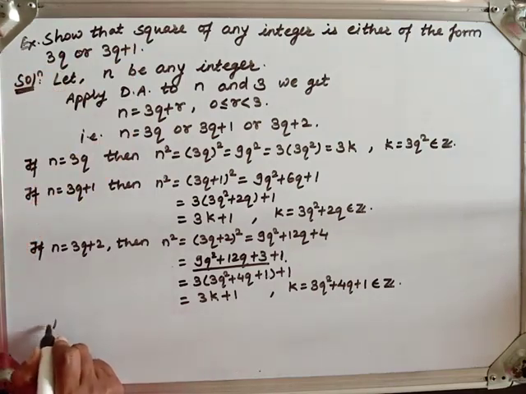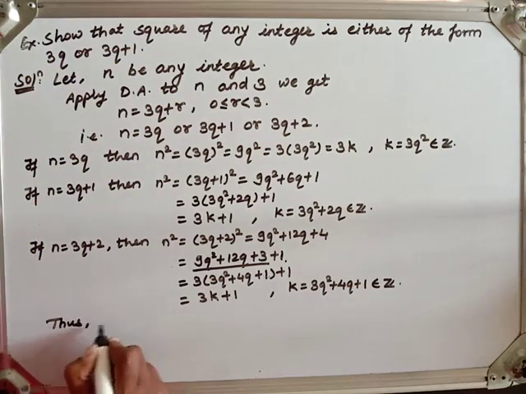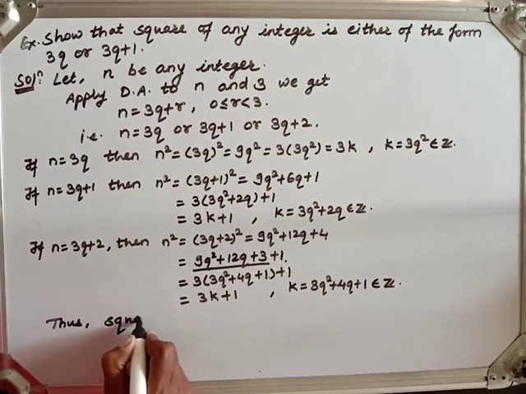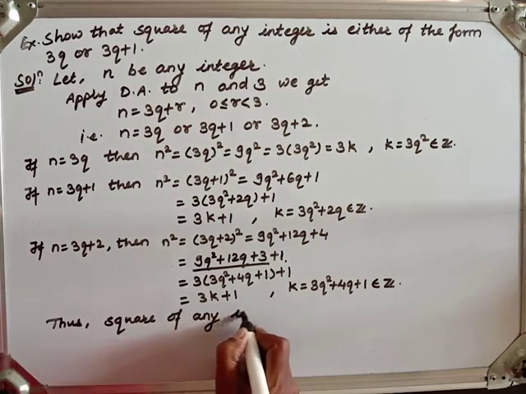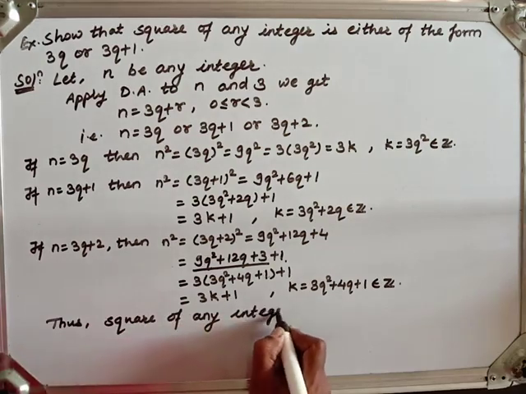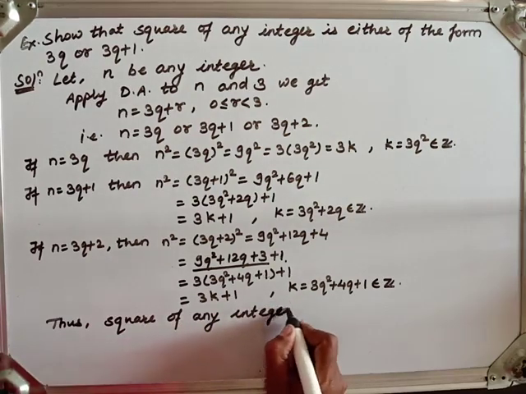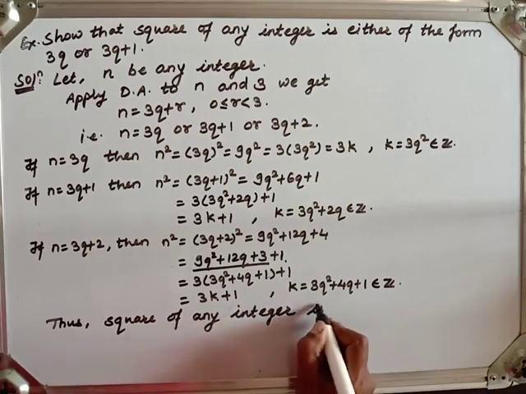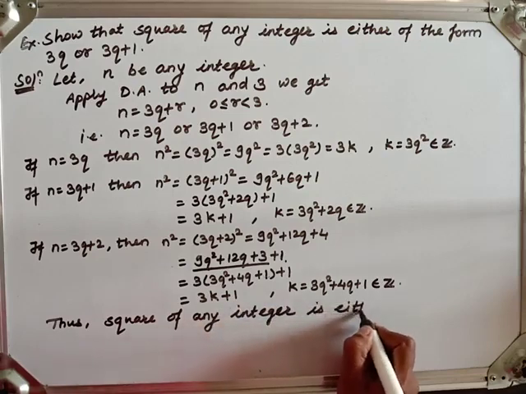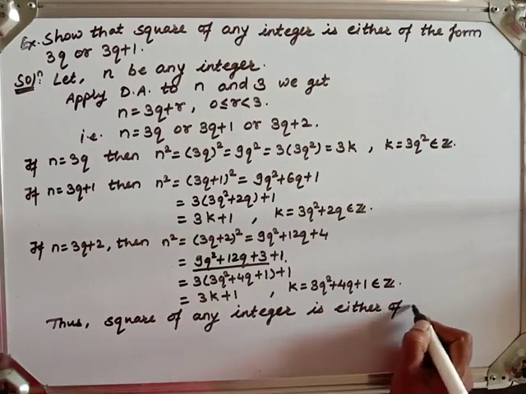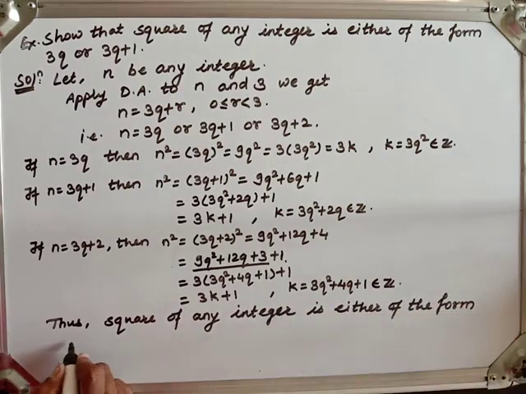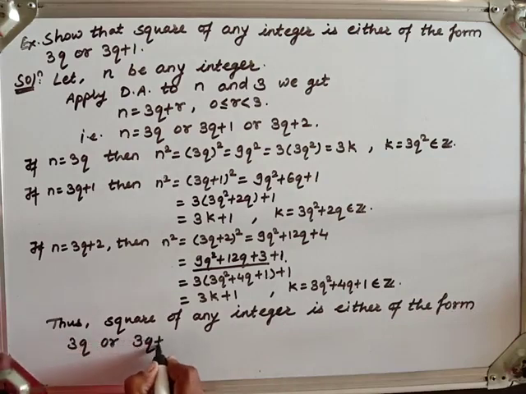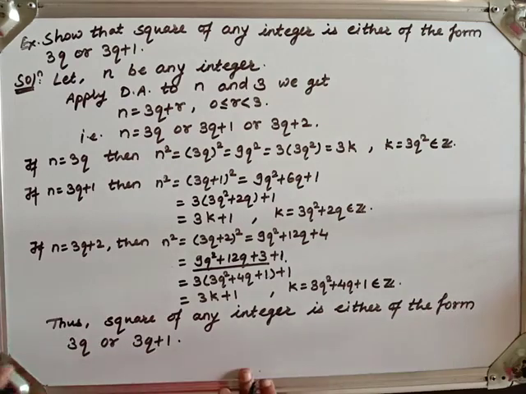Thus the square of any integer is either of the form 3q or 3q plus 1. This is the answer of this.